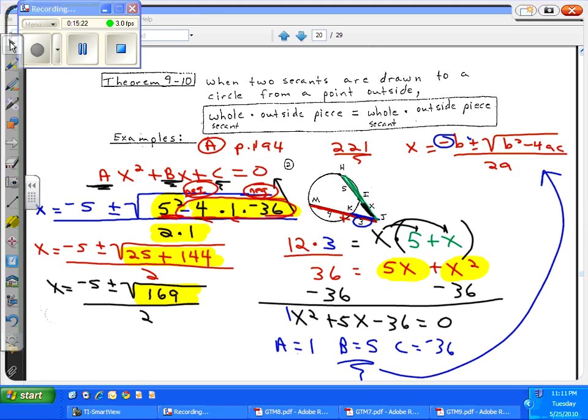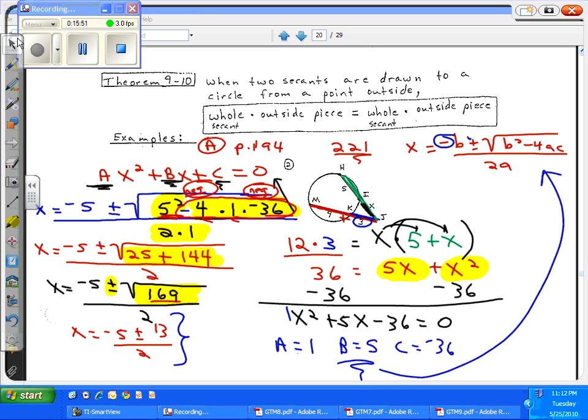So when you take the square root, you do plus or minus square root of, which is going to give you two answers. So we're going to have x is equal to negative 5 plus or minus square root of 169, which is 13, all over 2. Now, at this point, we split it into two equations.